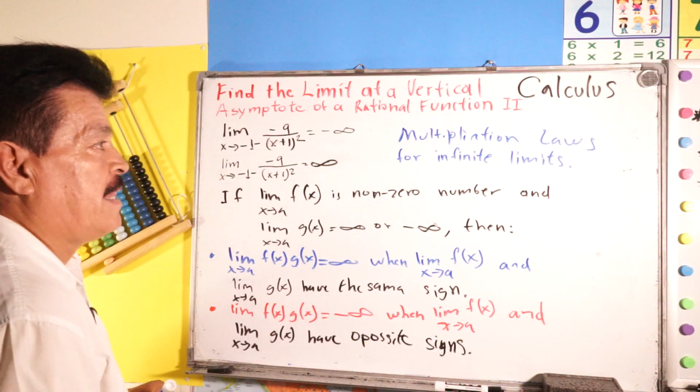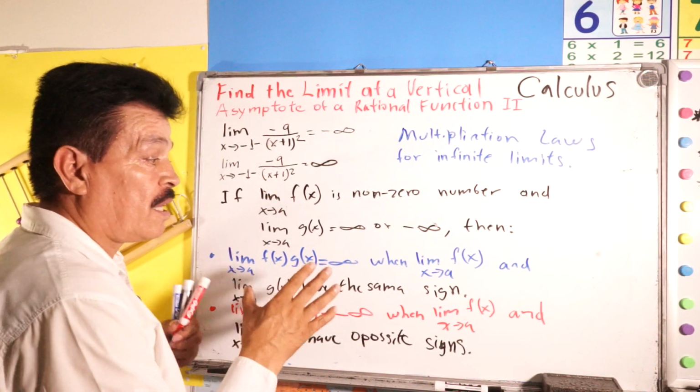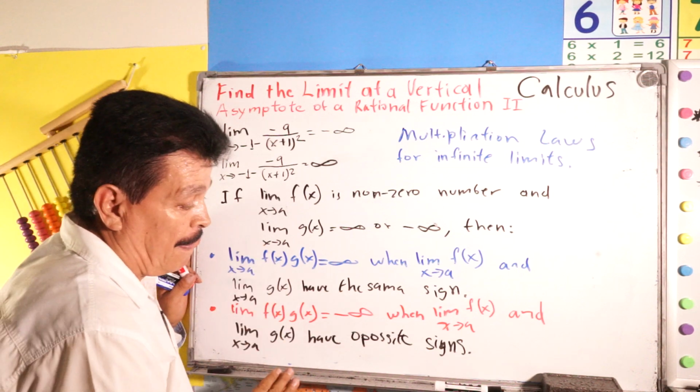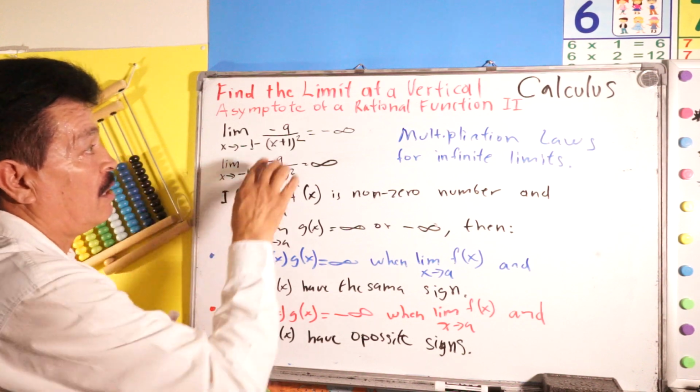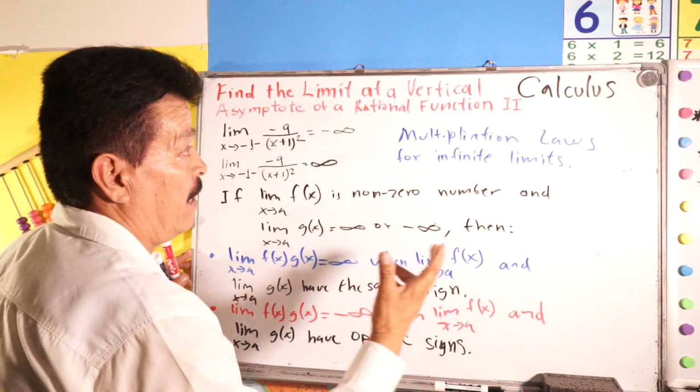So this is another main concept, a very important idea, but you must remember it when you work with limits at the vertical asymptote of a rational function, okay?